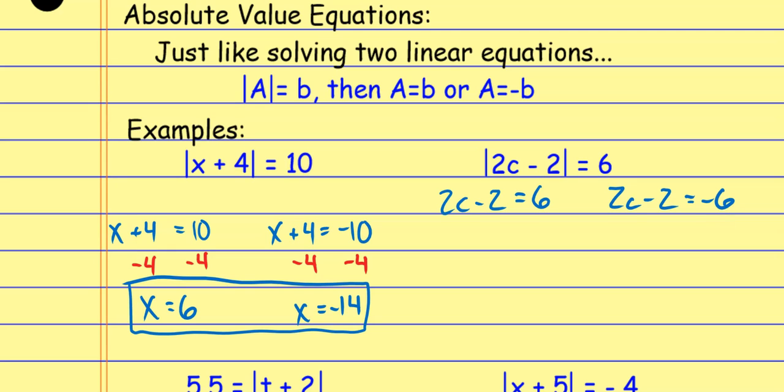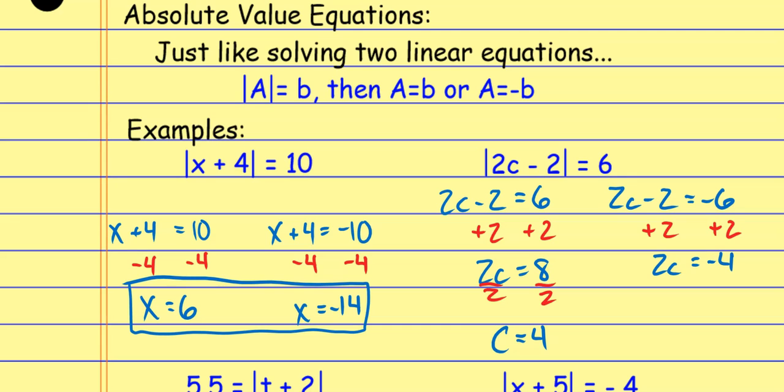And so now I just solve each of these equations. Ready? This one, I add the 2 to each side. And then divide by the 2. So I end up with c equals 4. The next one, once again, I solve this equation. I'm going to add 2 to each side. Remember, to undo subtraction, I use addition.